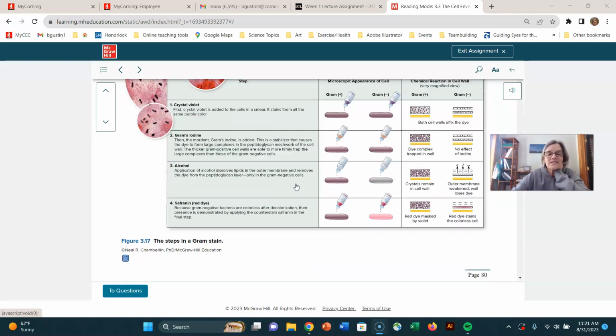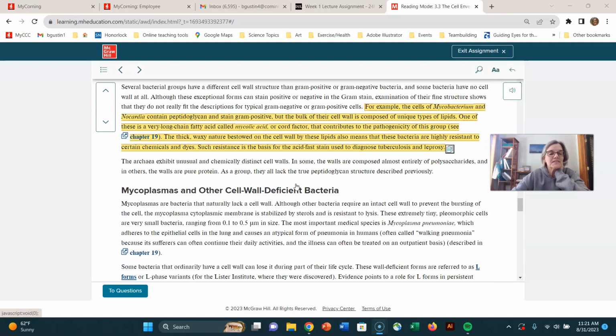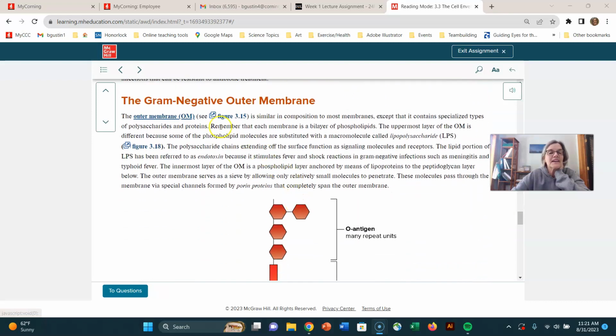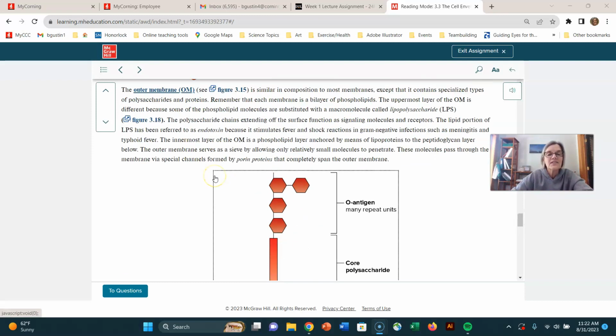The other thing, I want to say one more thing about gram-negative cells, and it's down here. It talks about that outer membrane with that lipopolysaccharide, that LPS. What I want you to know is that LPS is actually toxic to us, and it's something that we call an endotoxin. Now, I'm not going to ask you a lot about that right now, and it goes into a lot more detail than I will.